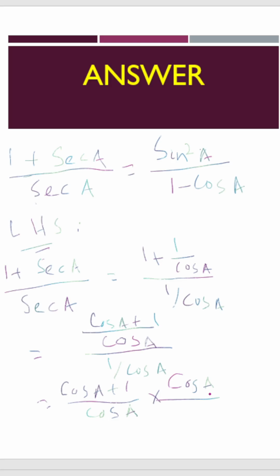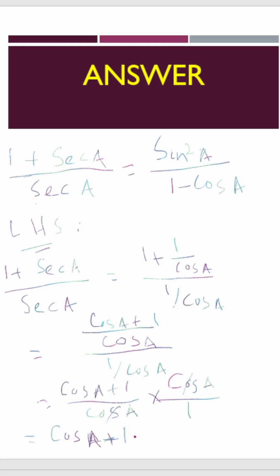So here cos A cancels out. Cos A plus 1 by 1 is cos A plus 1.